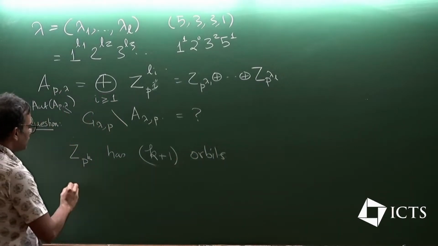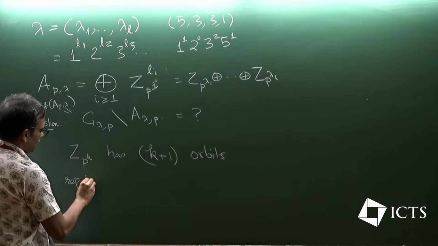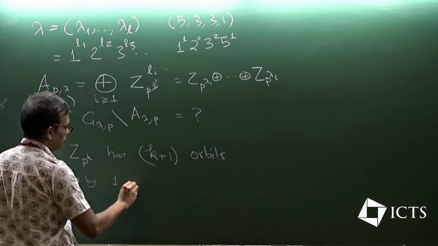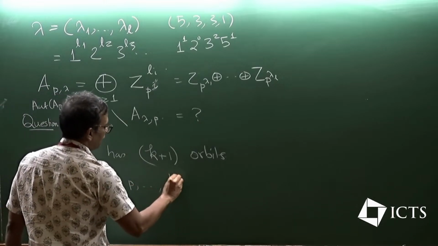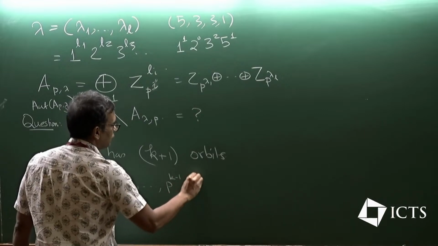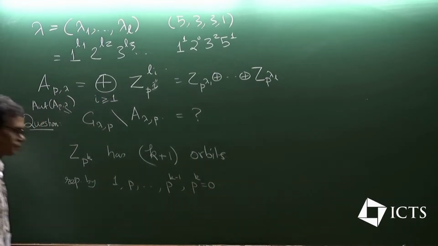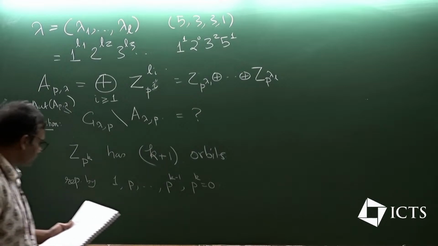They're represented by 1, p, up to p to the k minus 1, and p to the k, which is equal to 0. So they're just k plus 1 orbits.